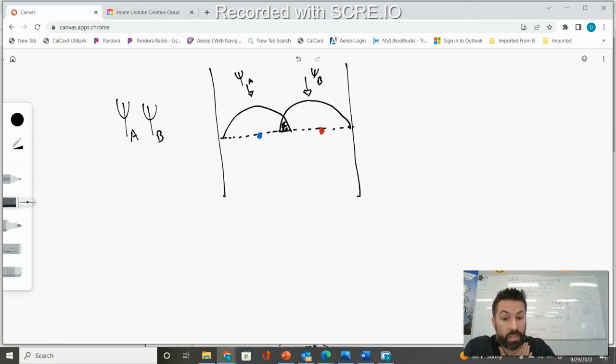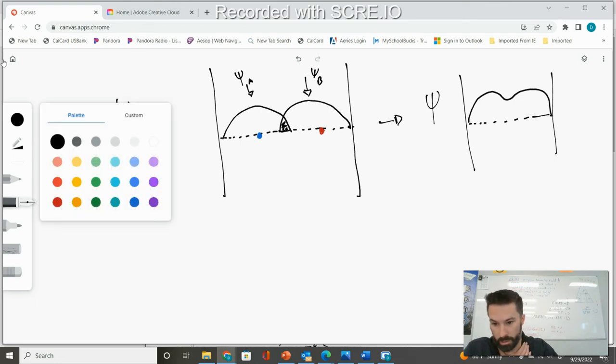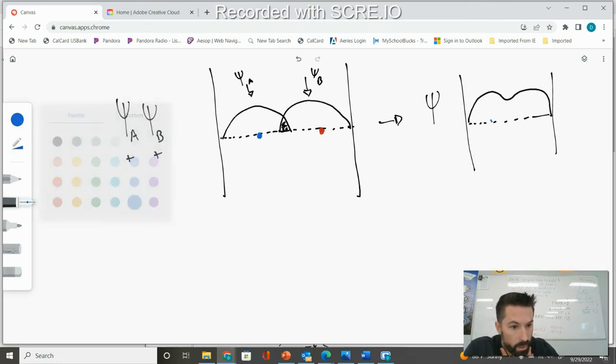This is going to get bigger because you're adding two things that are both positive. So your resulting wave from the A and B, when they're both positive, will look like this. It's going to dip a little bit and then look like that. Okay? Where your nuclei are right here.